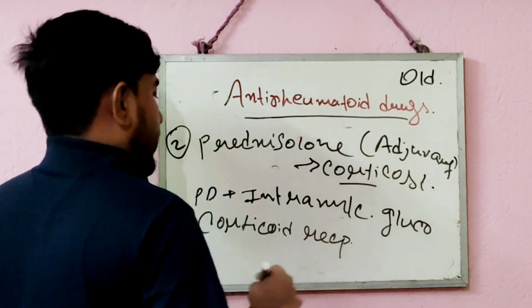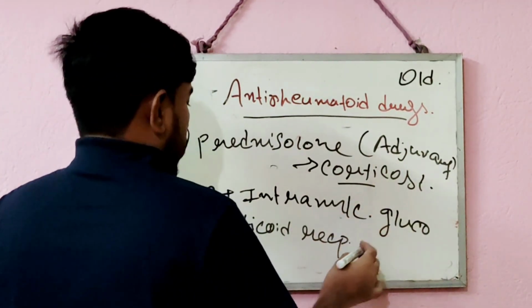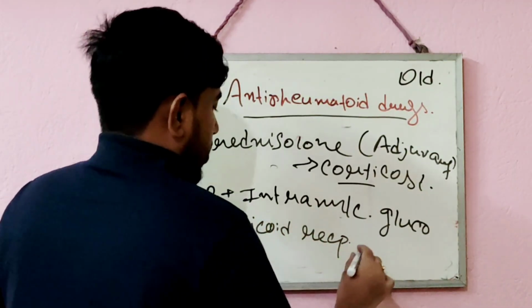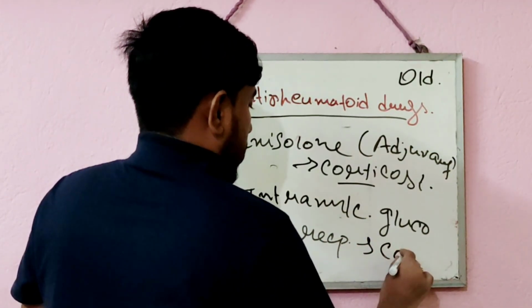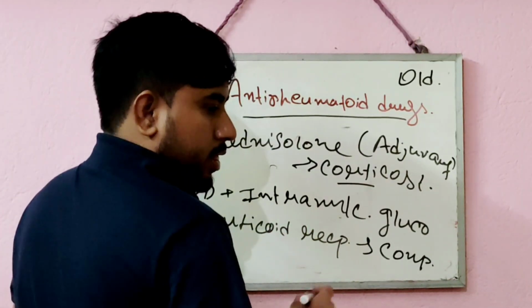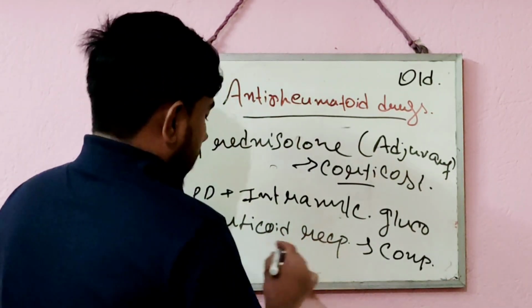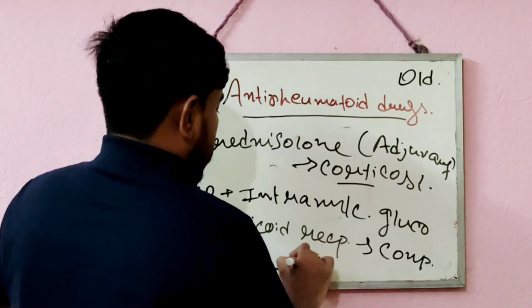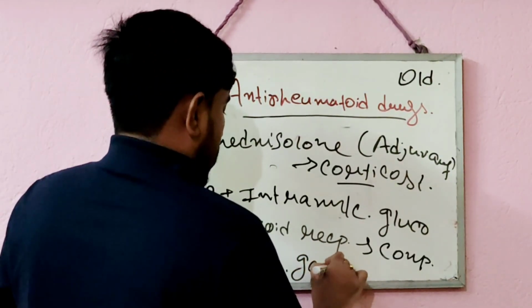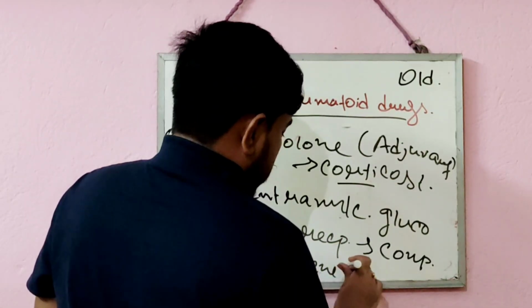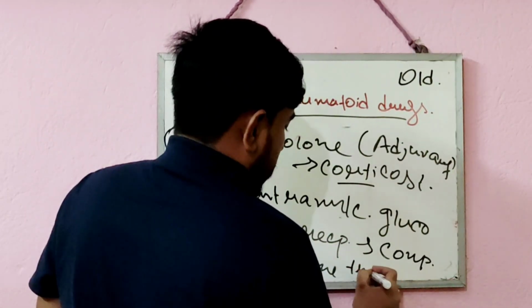Prednisolone, by binding with the intracellular glucocorticoid receptor, forms a complex, that is the prednisolone glucocorticoid complex. That complex will alter gene transcription.